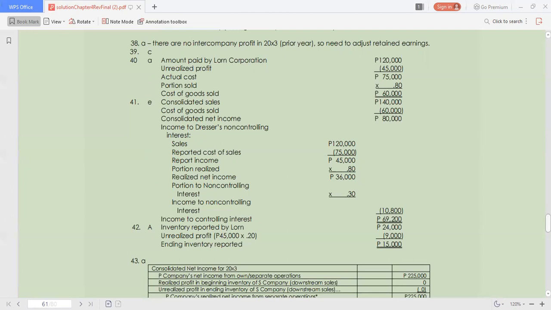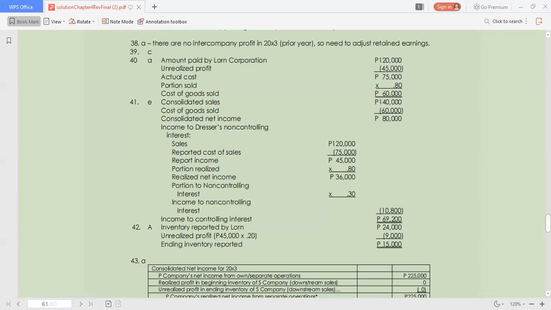For the income of Dresser, the non-controlling interest: sales of 120,000, reported cost of sales of 75,000. That's now for Dresser, and we have the given amount of 75,000 for the cost.